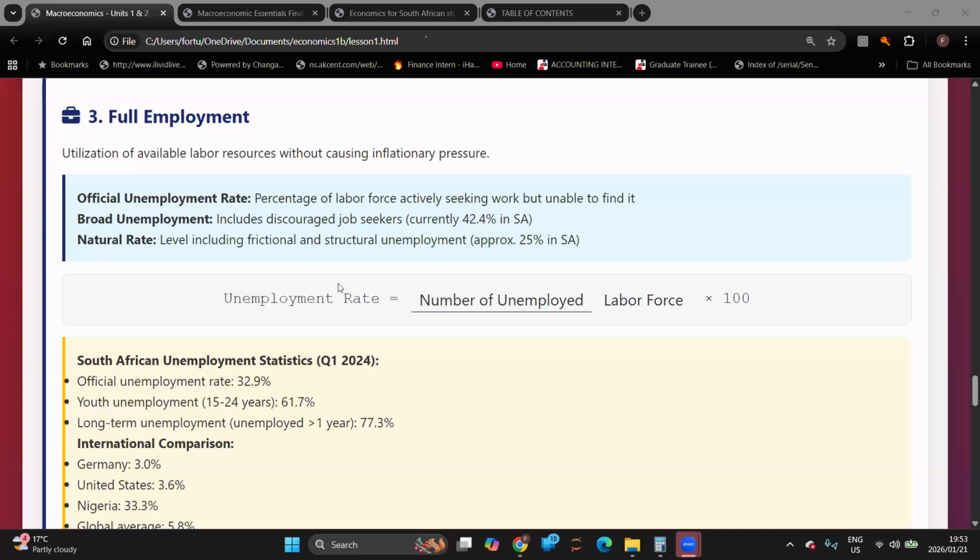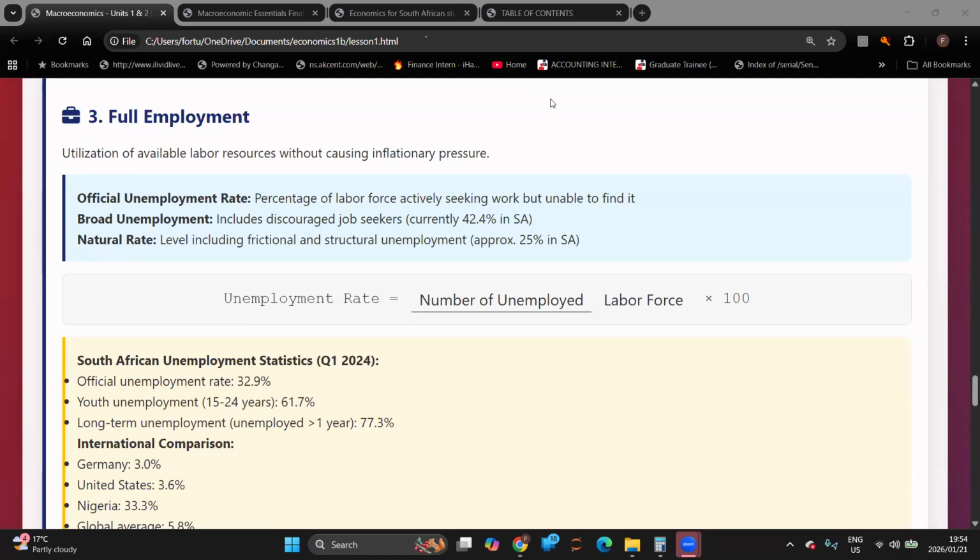So we're going to be zooming much more deeply when we look at unemployment as a topic, when we get to unit number, I think unit number 7 or so, after inflation. So the unemployment rate in South Africa, I think, is currently at the official 32.9% as of 2024. The 2025 statistics, I haven't checked if they have been published or not.